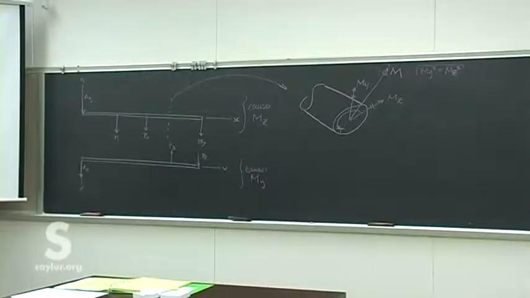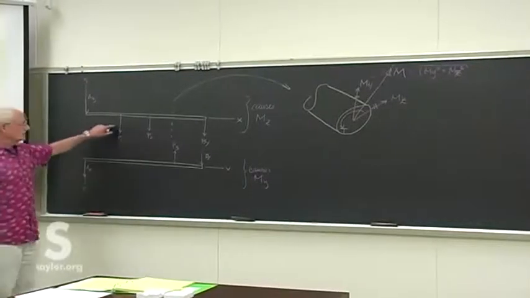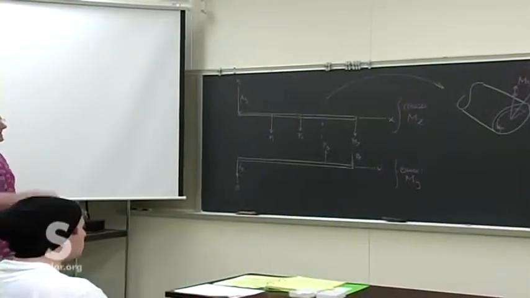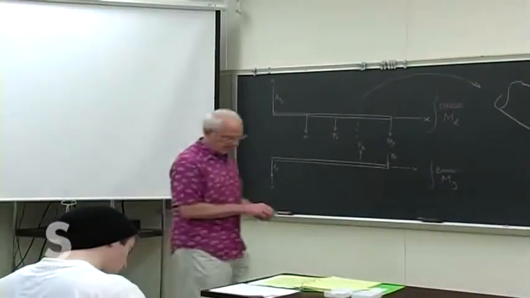And since it's a circular shaft, we don't even care what direction that is in. If we can find My and Mz, which are very easily determined by the takeoff forces that we see, then we can very easily do this from that point.